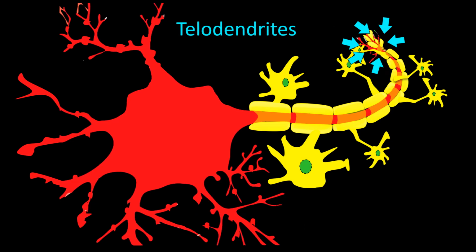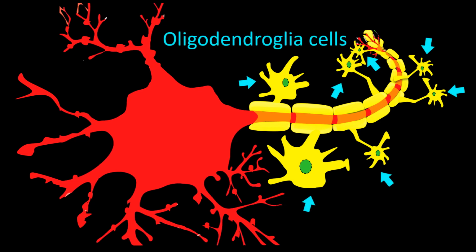The third term used for this region is telodendrites, a poor choice for labeling the distal segment of an axon. The axon is covered by myelin. In this case, myelin in the CNS is produced by oligodendrocyte cells.